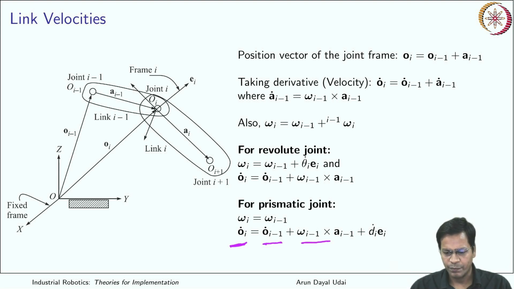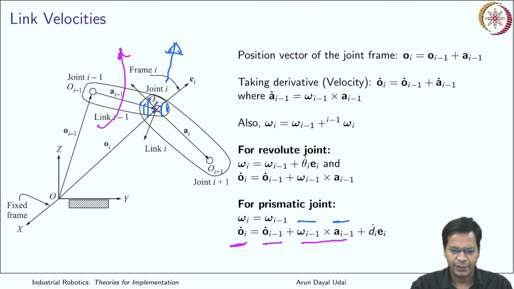This is due to the rotation of the link which is prior to this. So if this joint is frozen, okay, this is frozen. So what will you see? It is A_{i-1} taken cross product with omega_{i-1}. So whatever is the velocity that comes at this point, you have to add this.